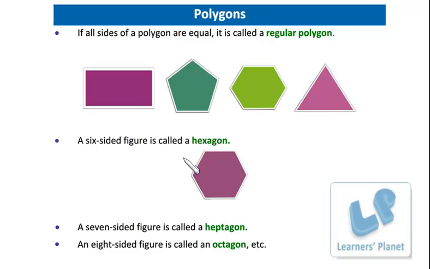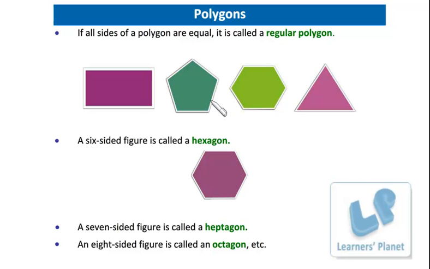All of them are polygons, but may or may not be regular polygons. In a regular polygon, all the sides should be equal. A rectangle has opposite sides equal, but all four lengths are not equal, so it is not a regular polygon, right? But a square is a regular polygon because all four sides are equal.